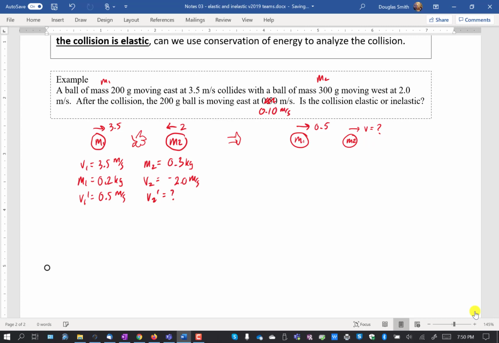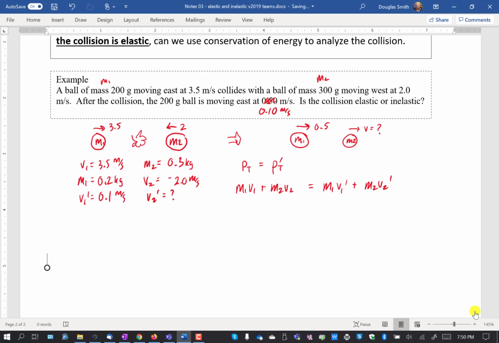Okay, so total momentum before has to be equal to total momentum afterwards. So the total momentum before is M1 V1 plus M2 V2, and afterwards it's M1 V1 prime plus M2 V2 prime. And I know everything but the V2 prime, so we can solve for that.